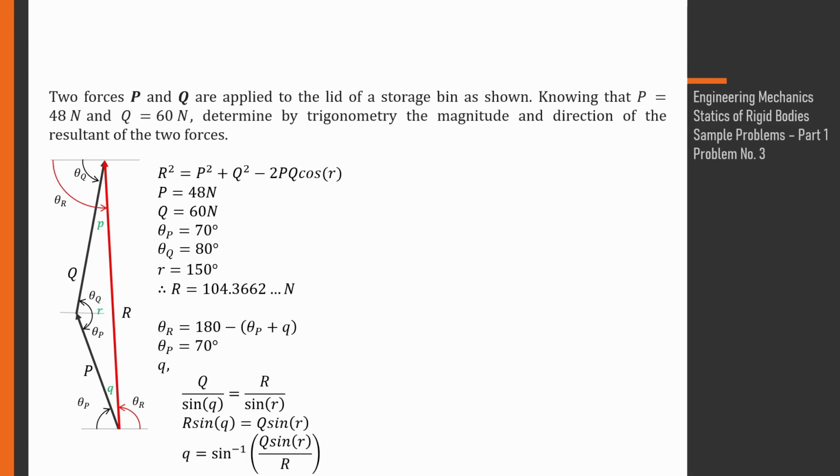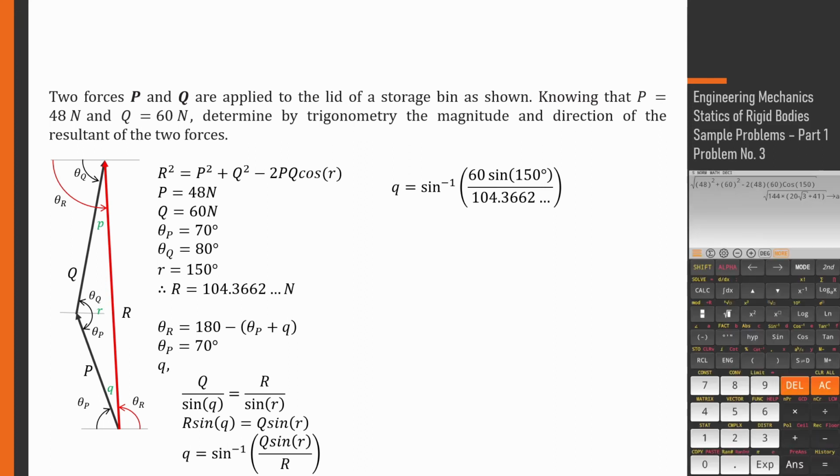So angle Q is equal to arc sine of Q sine angle R over R. So substitute the given and the value for R. So arc sine of 60 sine 150 over the value for our resultant R. Therefore, angle Q is 16.7053. Store it at B. So 16.7053 and so on degrees.